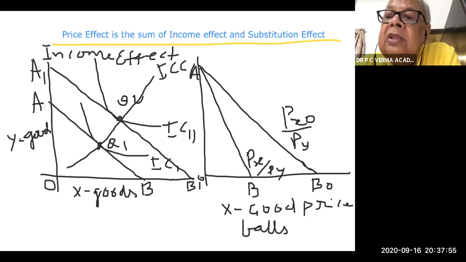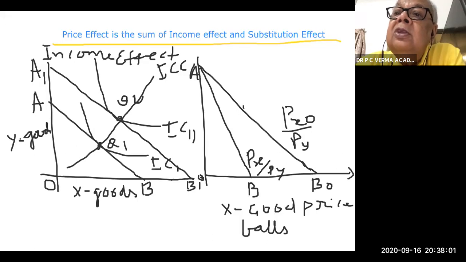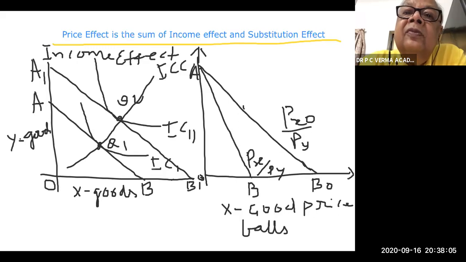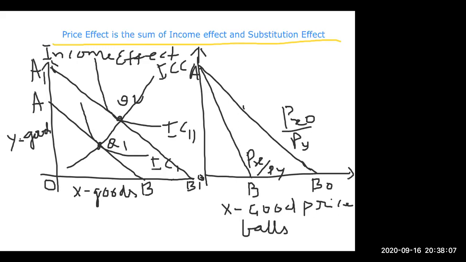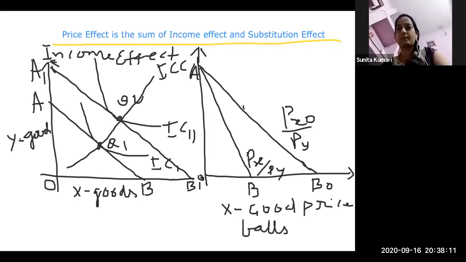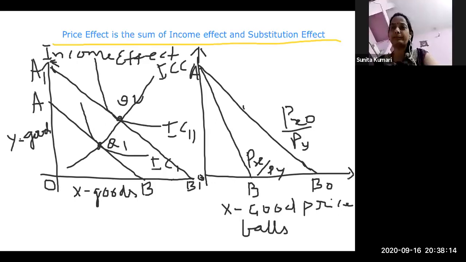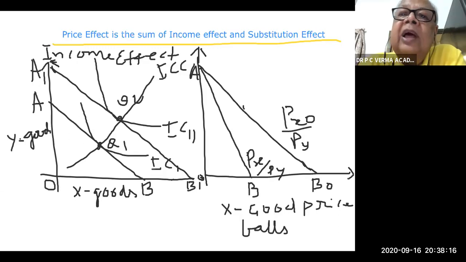Sunita is introducing herself. I am Shravani Devchoduri from Kolkata. The sound is very low, increase the sound.